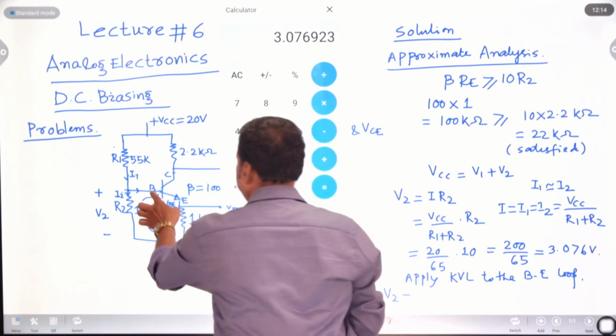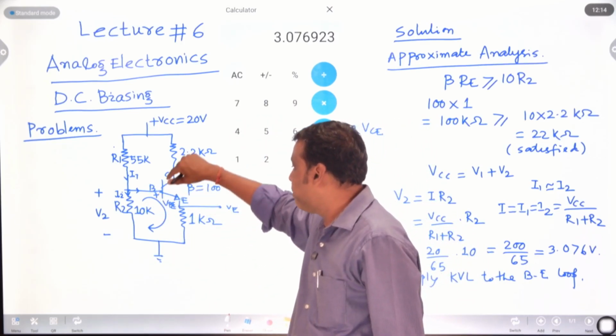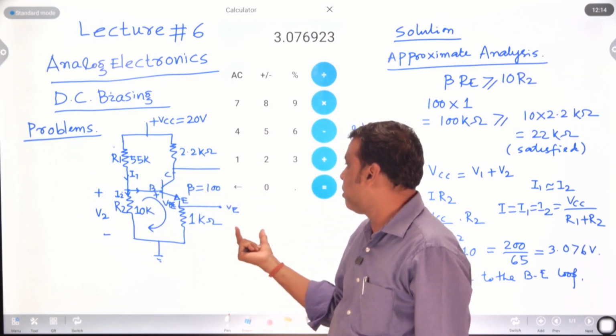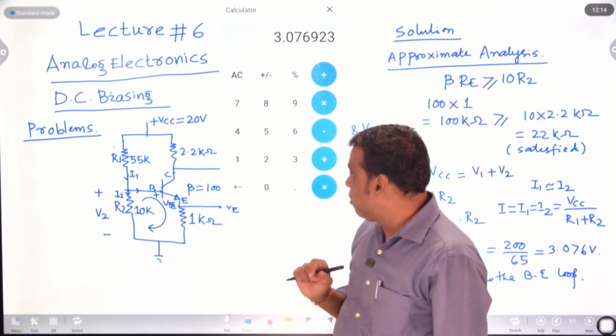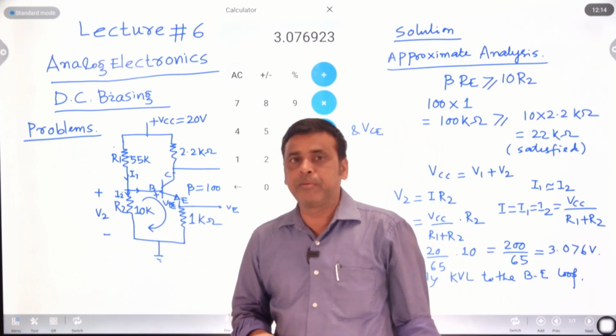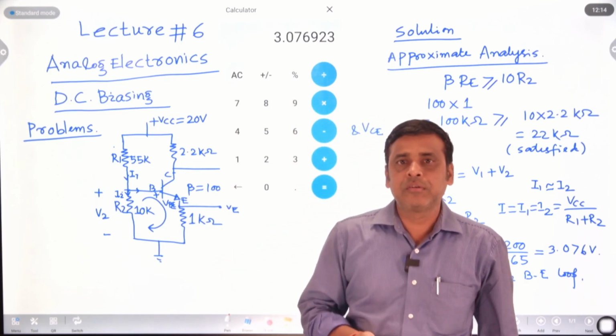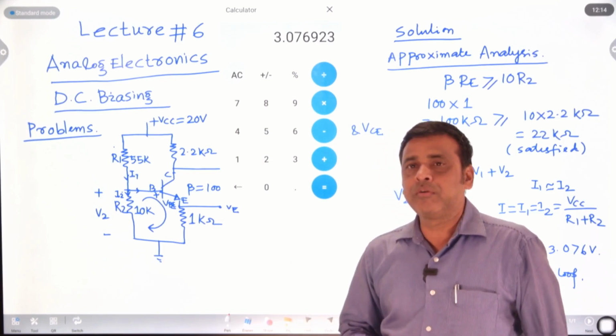If there is a base and emitter, there is a potential. You have to consider here the VBE, it is 0.3 volt for germanium and 0.7 volt for silicon. If the question does not mention the VBE value, you take VBE equal to 0.7 volt, like a silicon transistor. Normally, we are using the silicon transistor, so VBE equal to 0.7 volt.